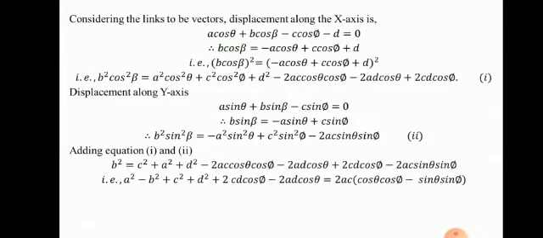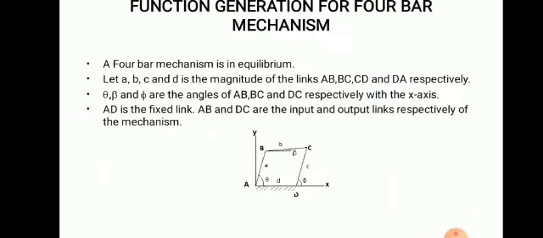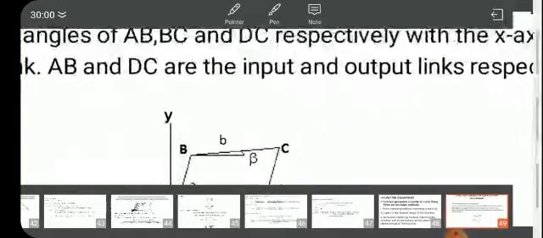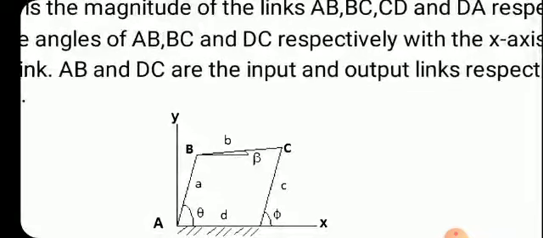Consider the links to be vectors. Displacement along the x-axis is A cos theta plus B cos beta minus C cos phi minus D is equal to 0. From this diagram, A cos theta is in the forward direction, BC is also forward, while C is in the reverse direction and D is also reverse, so a minus sign comes.